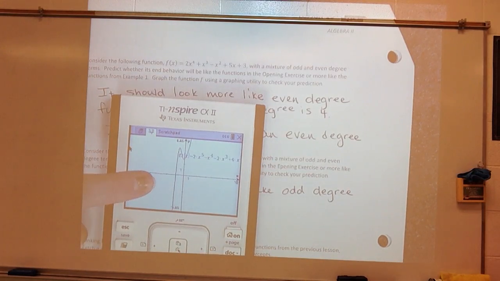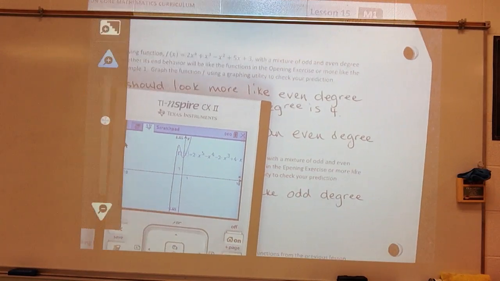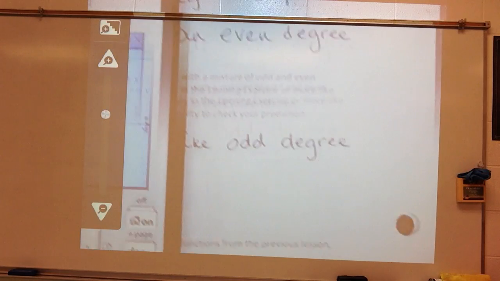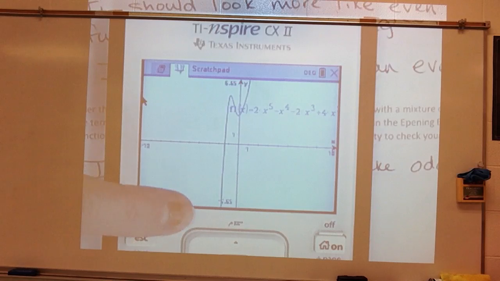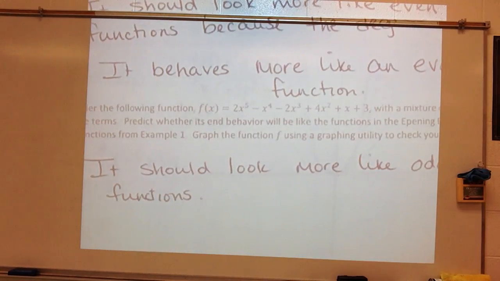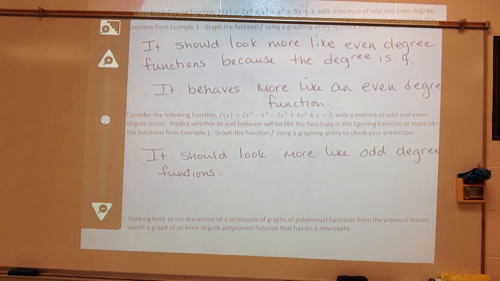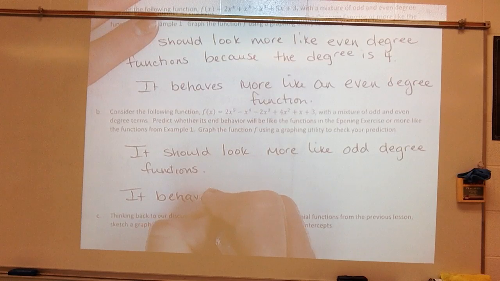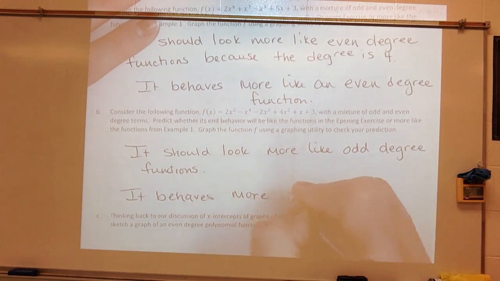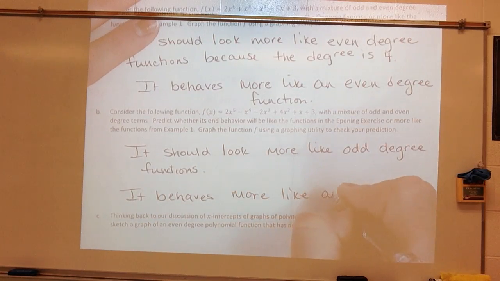And look, it doesn't look exactly like our odd degree functions, but the behavior of it has that kind of S-looking type curve. So this one does behave more like an odd degree function.